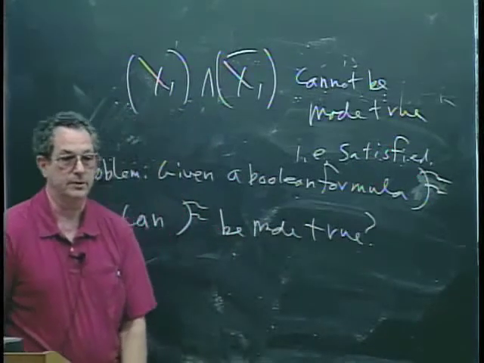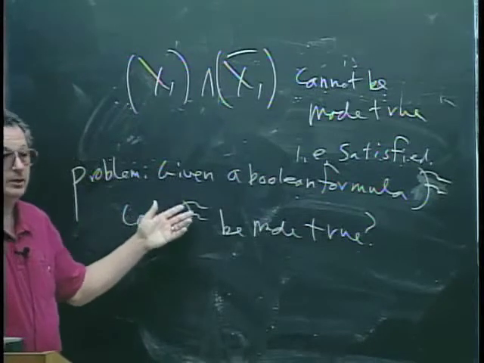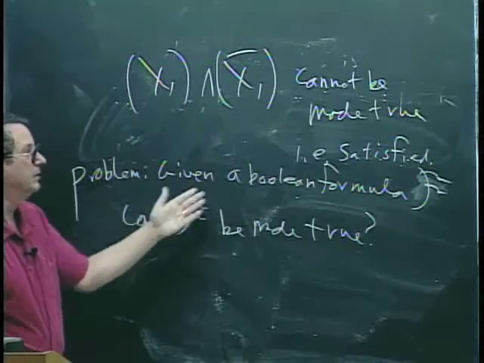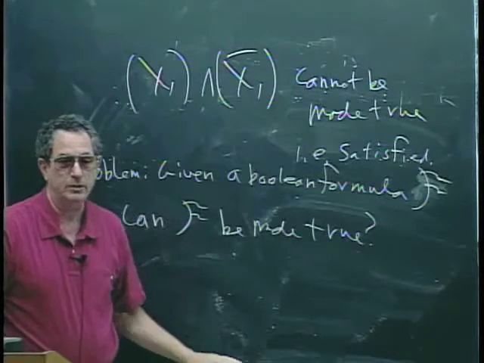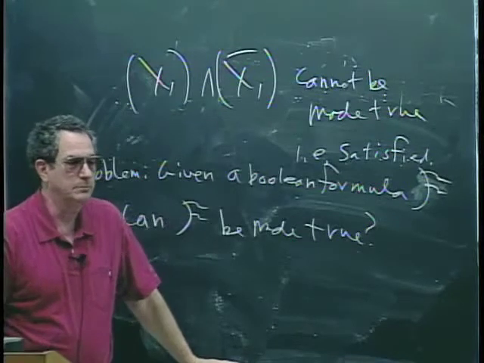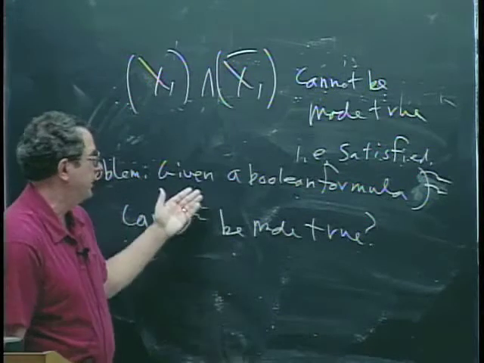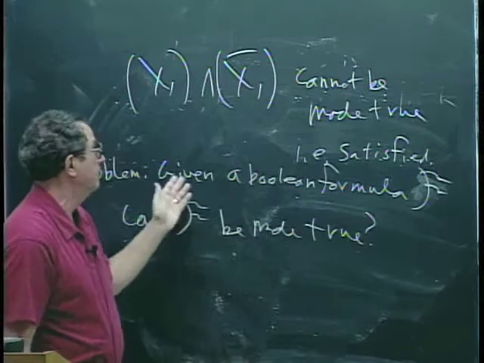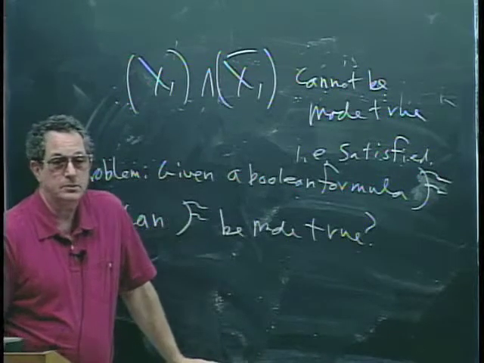Can it be satisfied? So this is a yes-no problem, okay? And probably everybody has had a course, CS20 or some logical circuit design course or something, where you've seen an algorithm that actually solves the satisfiability problem. So who wants to propose an algorithm?